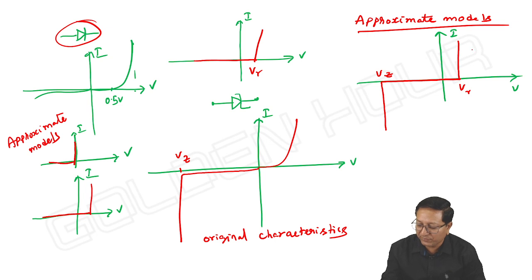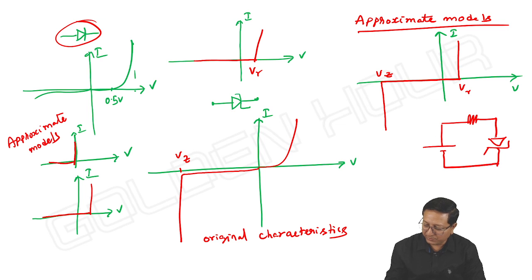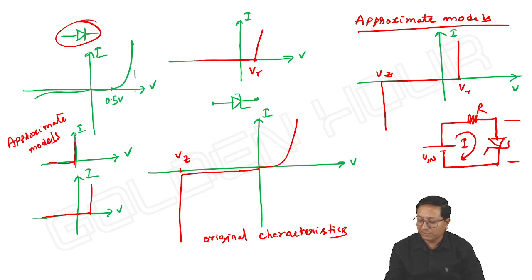In forward bias, when a Zener diode is forward biased, means anode is connected to the positive terminal of the supply and cathode is connected to the negative terminal of the supply, then if the supply voltage is greater than the cut-in voltage, there is a current flow, and the voltage across the Zener diode is something like V gamma.